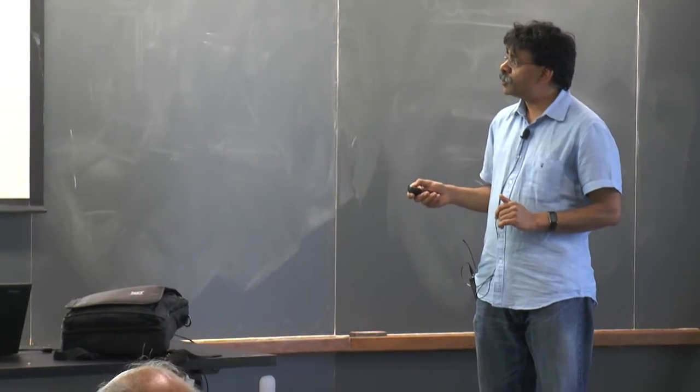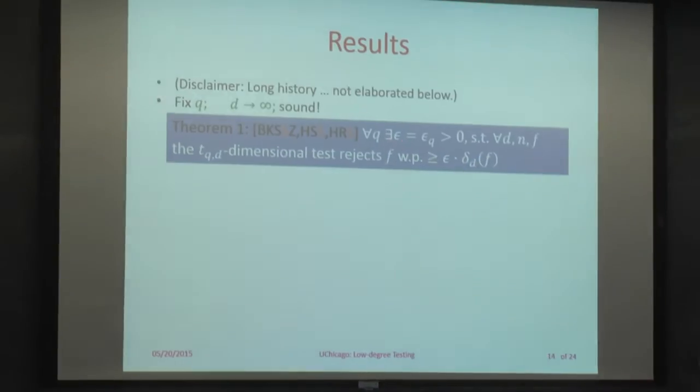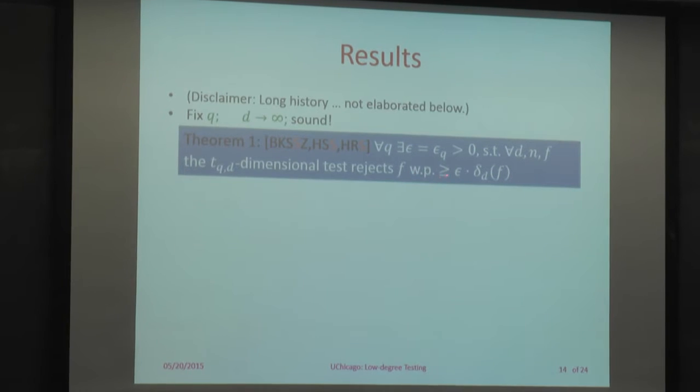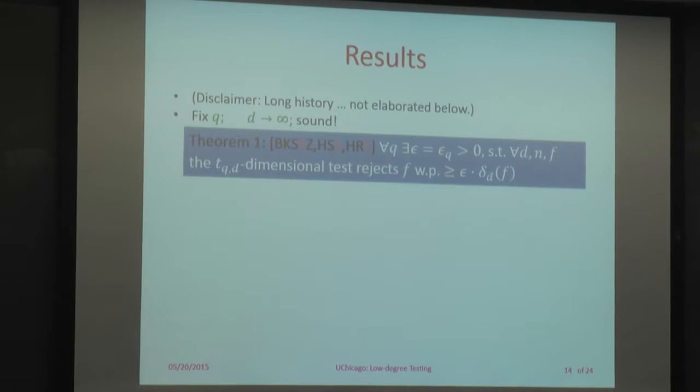What we are able to show in this series of papers is that the epsilon you get is an absolute constant, independent of the dimension of the functions that you are working with, and also independent of the degree that you are testing for. It only depends on the field size. So if you are looking at field size 2, there is some absolute constant that was interesting here.